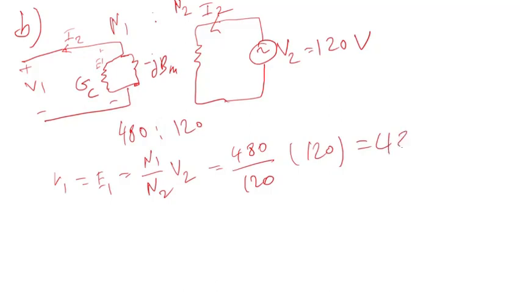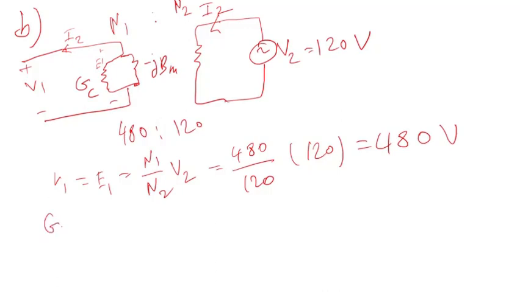That's just 480 volts, which is expected because winding 1 is open, so no current will flow. So V1 is basically the same as the winding voltage, since we neglected the series impedance.